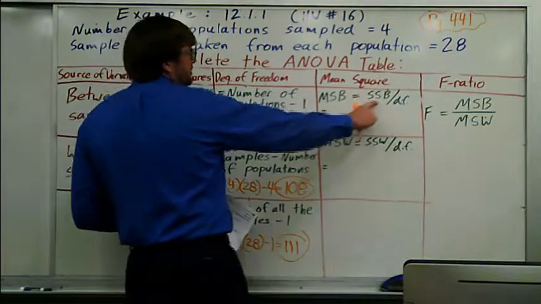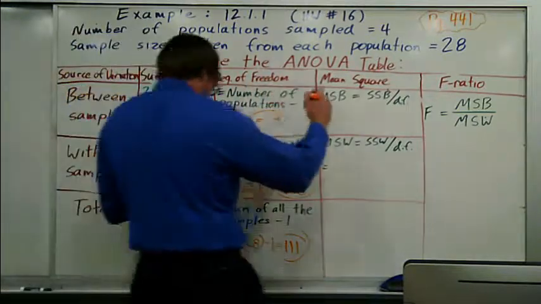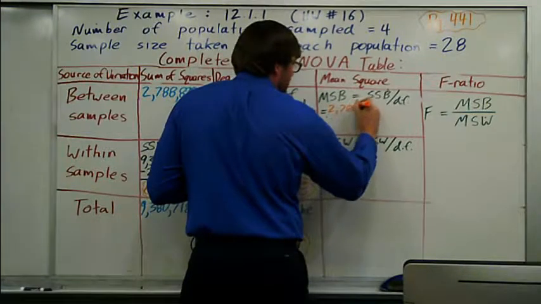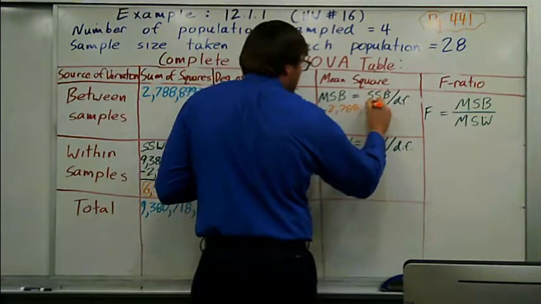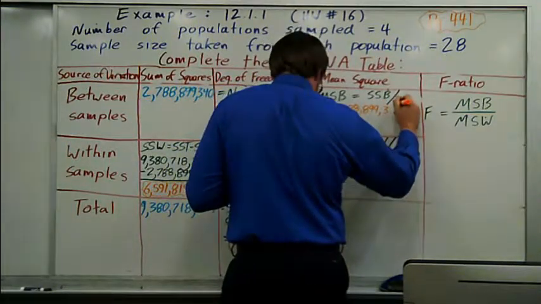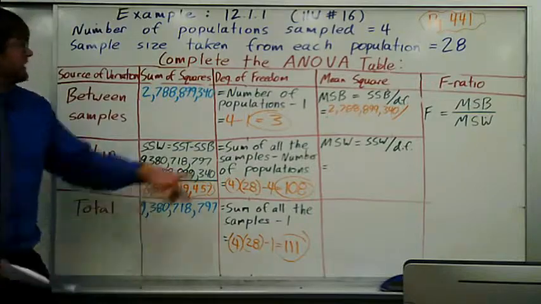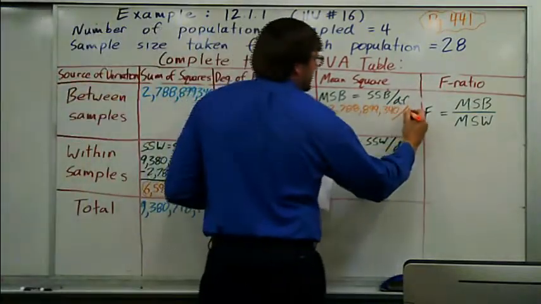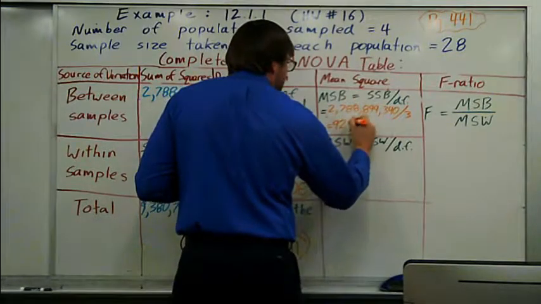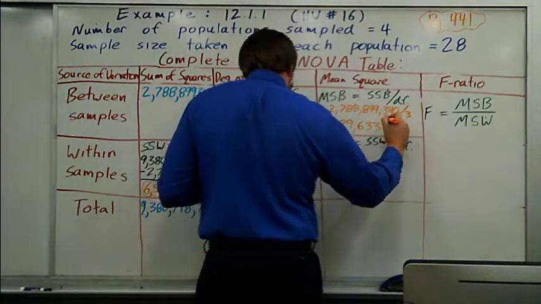So the sum of squares between is going to be this 2 billion, so on, divided by the degrees of freedom there, which was 3. And we get 929,633,113.